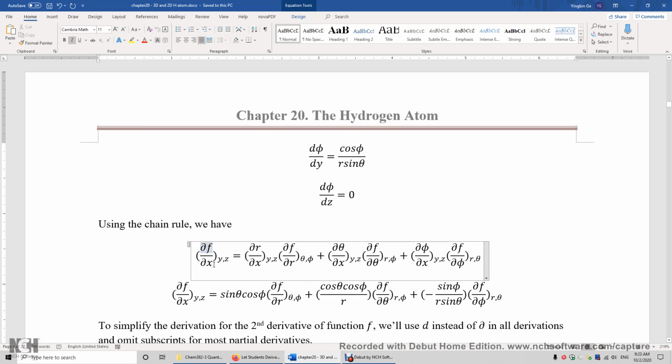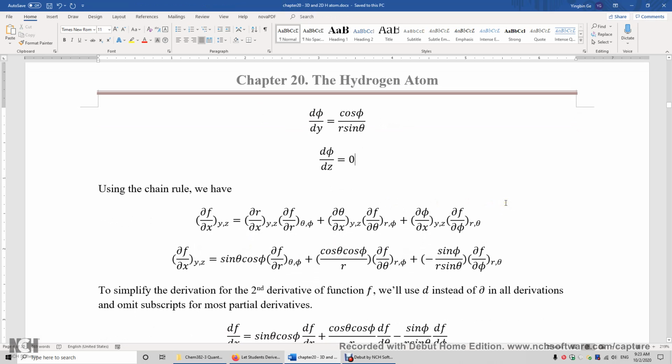Well, just treat r, theta, and phi as intermediate variables. When you change x, you change r. When you change r, you change f. When you change x, you change theta. When you change theta, you change f. When you change x, you change phi. When you change phi, you change f. So that's why you get this equation.